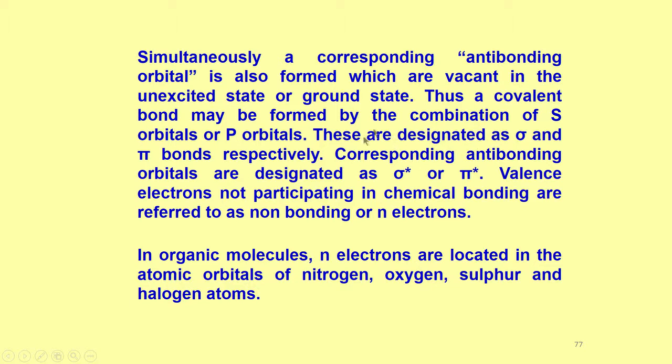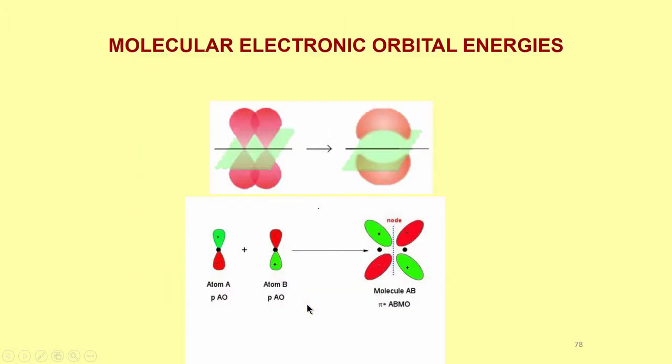They are known as non-bonding electrons, not bonded with any other element. Such non-bonding electrons are present in nitrogen, chlorine, sulfur, phosphorus and many other elements. They are known as n electrons, non-bonding. So in organic molecules, non-bonding electrons are located in the atomic orbitals of nitrogen, oxygen, sulfur, halogens, etc.